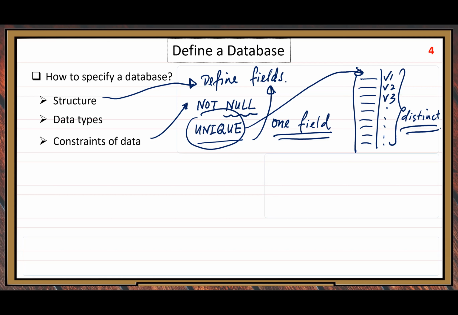You can see in our table definition, there is no data. We just describe the data properties. After you run this SQL statement, the table is created, but it's an empty table.